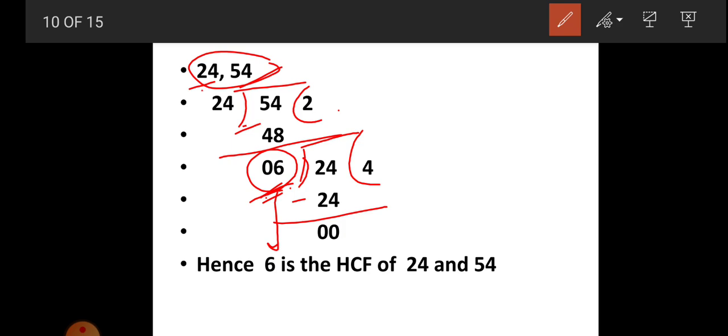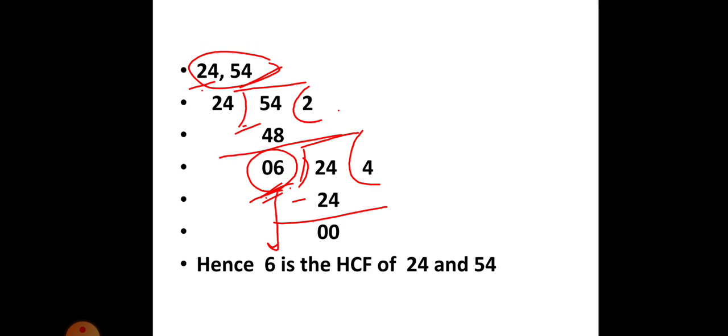See the next example: 350, 650 and 750. Okay. Now see these two numbers first, we will take. So 650 is divided by 350. 350 ones are 350.